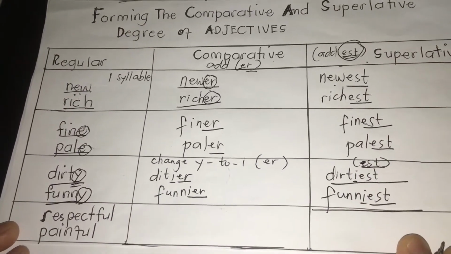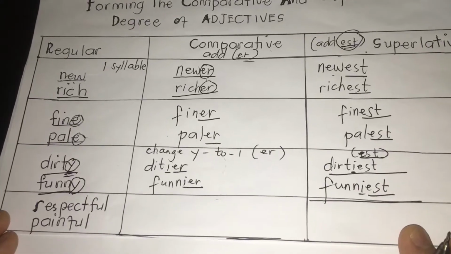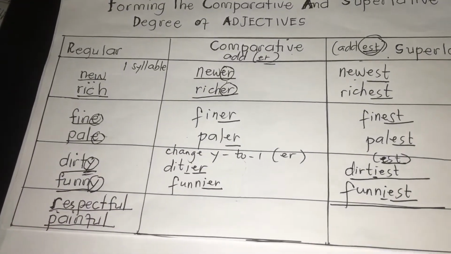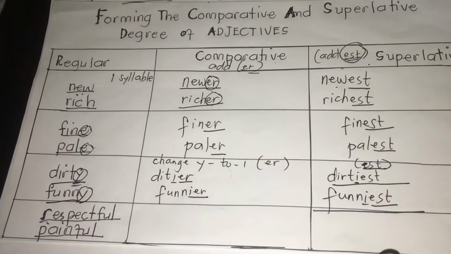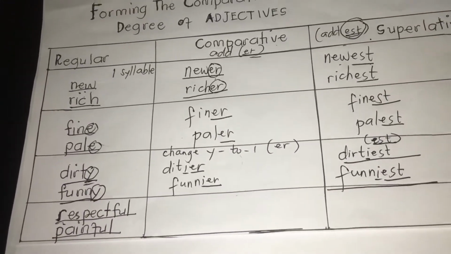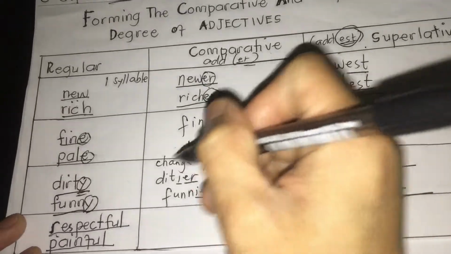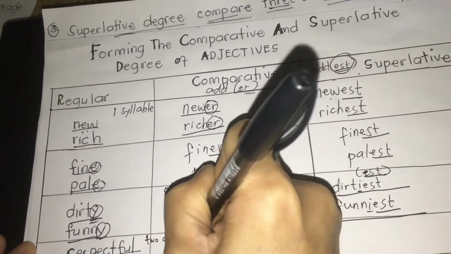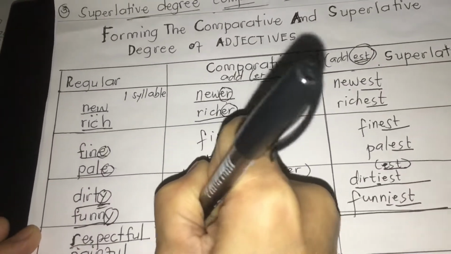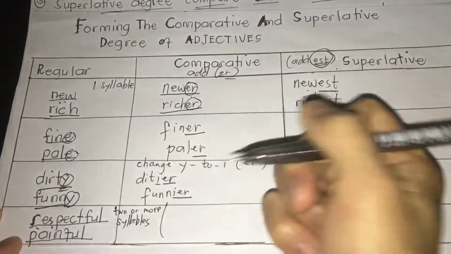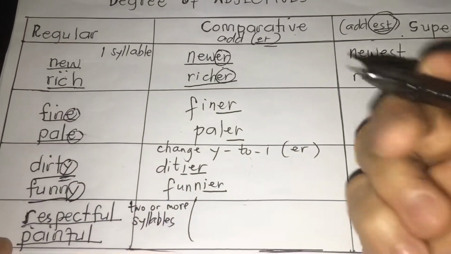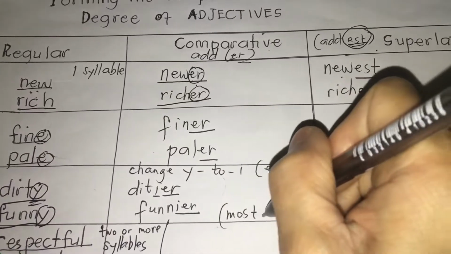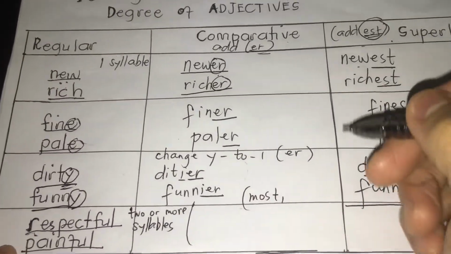Next class is the positive degree of respectful and painful. Too long a word. Respectful and painful. Yes, remember class, when you encounter these words, respectful, of two or more syllables, that means to say you can use most or less.